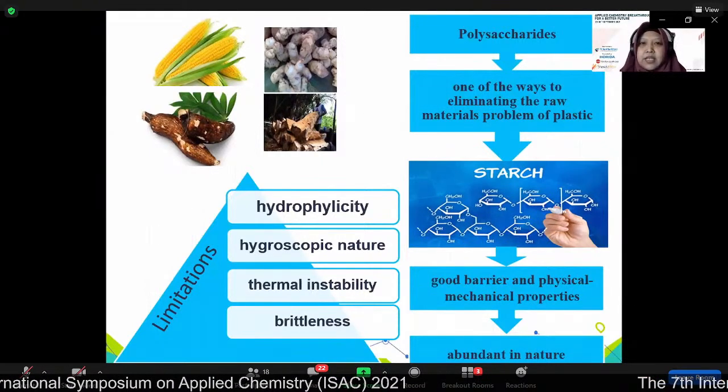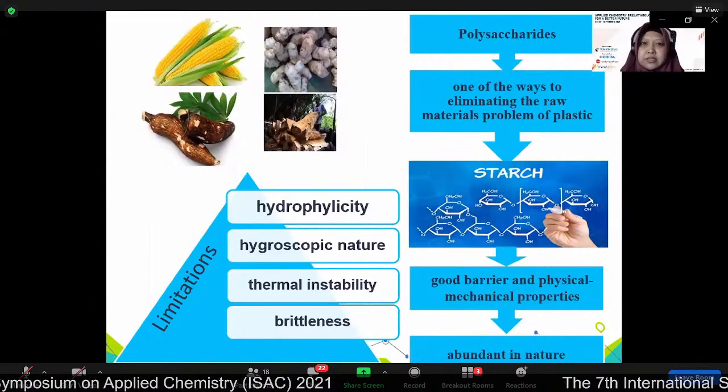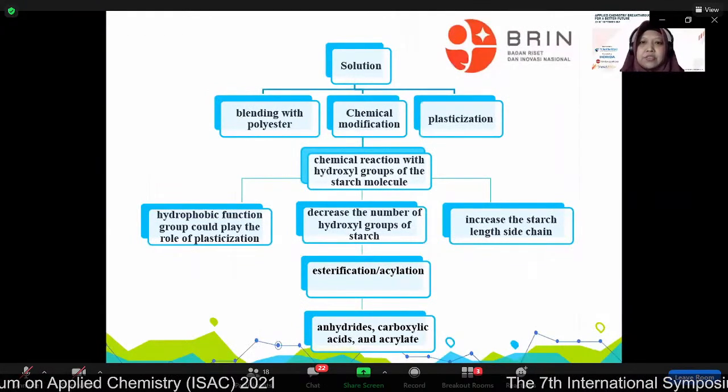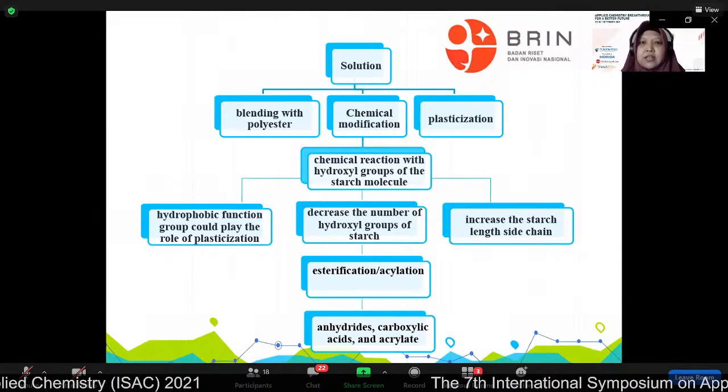Nevertheless, starch has limitations concerning its hydrophilicity, hygroscopic nature, thermal instability, and brittleness. To overcome the limitations and improve the performance of starch bioplastic, several technologies have been conducted. One of these is chemical modification.